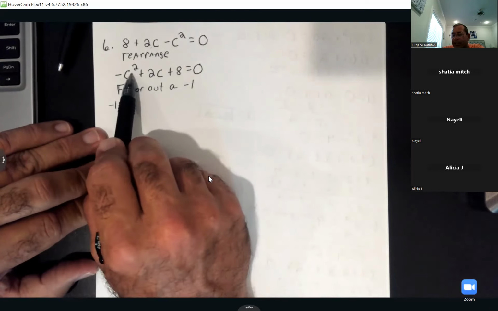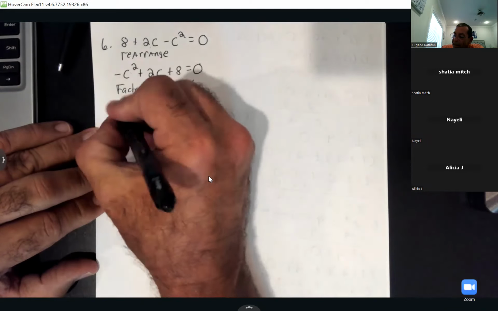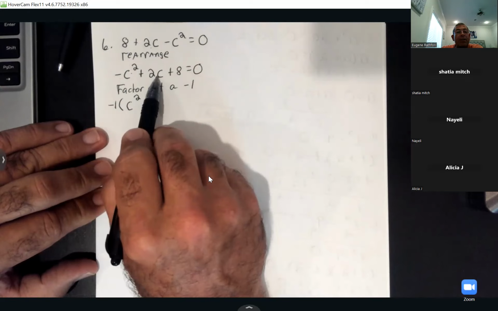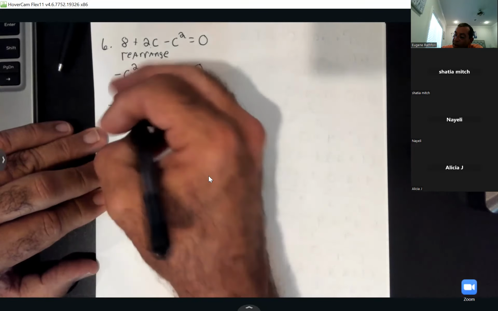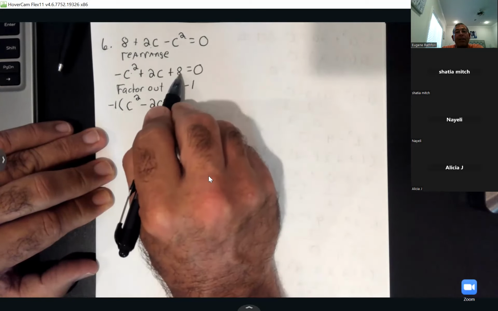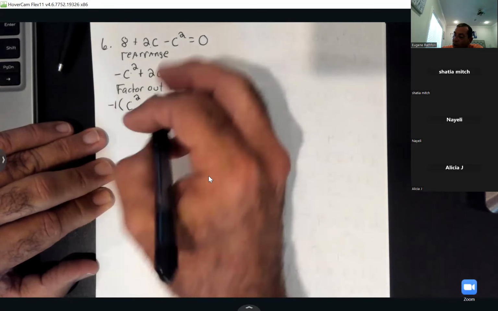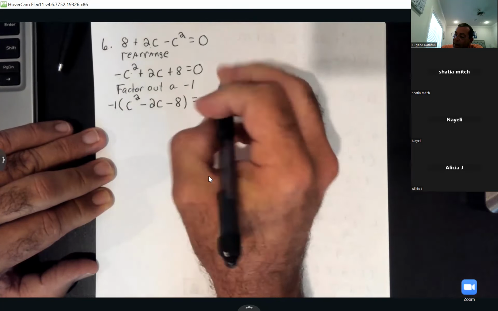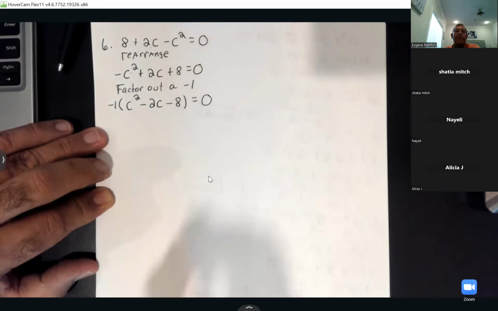So a negative c squared divided by -1 makes that a positive c squared. A +2 divided by -1 makes that a -2c. A +8 divided by that -1 makes that a -8. And all equal to 0.